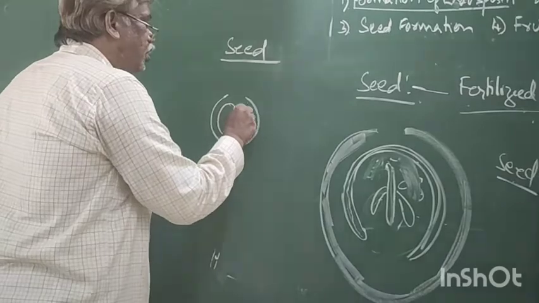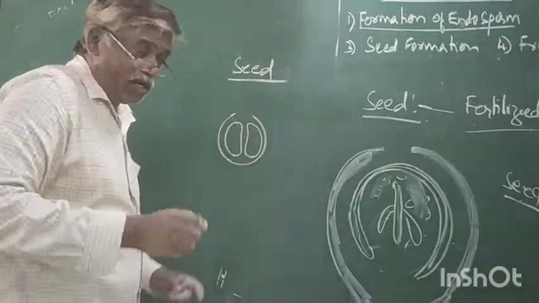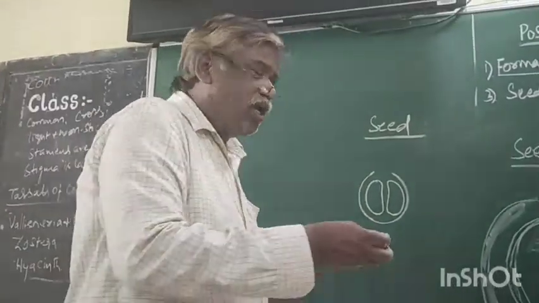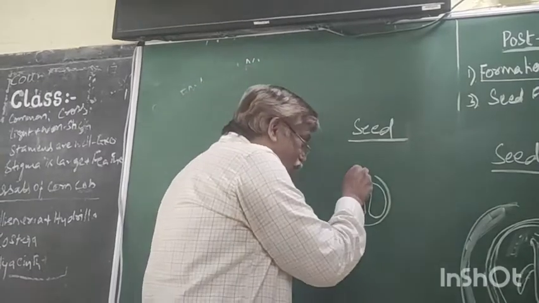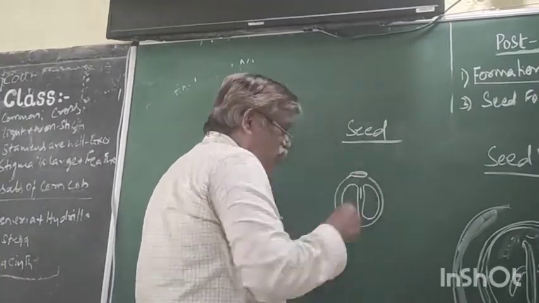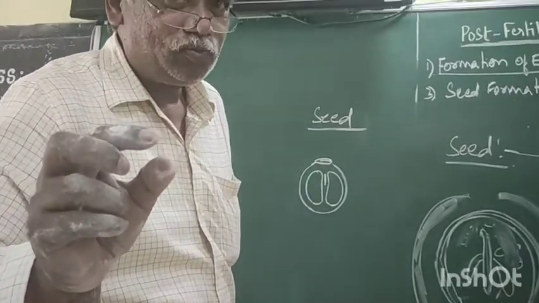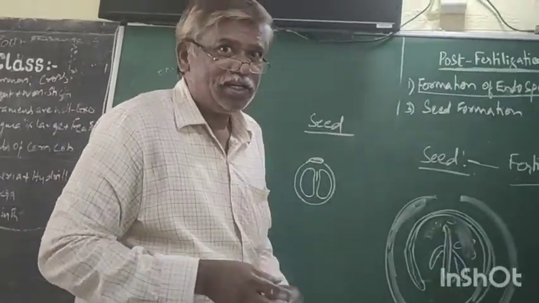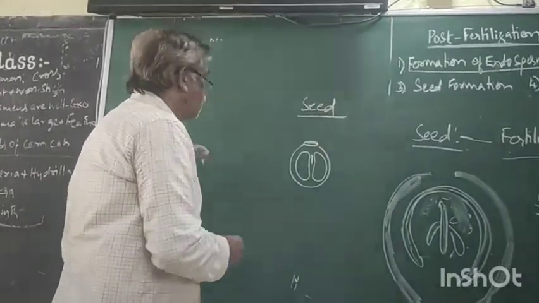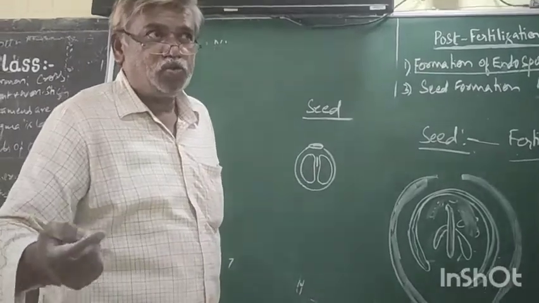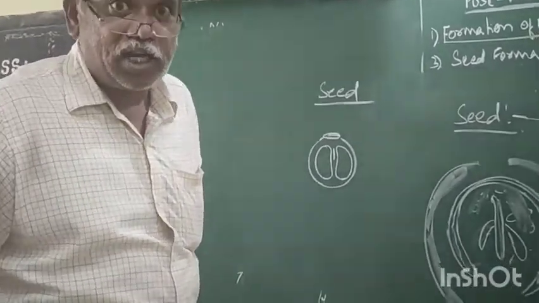It is another cotyledon. Between these two cotyledons, a small white structure is there. Here, some scar is there. Just take any one groundnut seed, any seed.